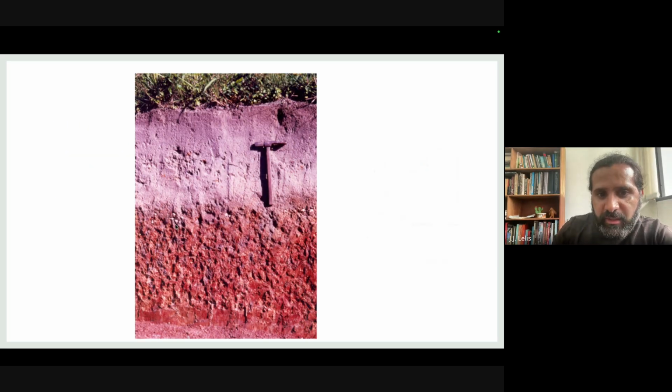So you can see here, for example, that we have a very dense horizon. In this case it is a natric horizon, and above it we have a horizon that has some flooding conditions because of the perched water table. Because of this, we have some iron oxidation and reducing colors at the same time.